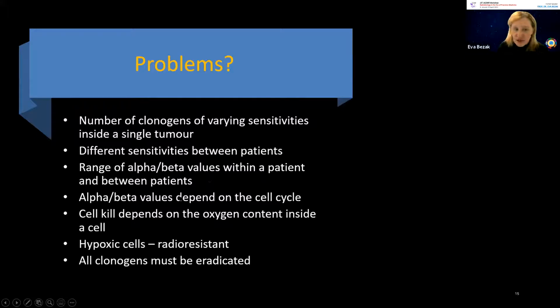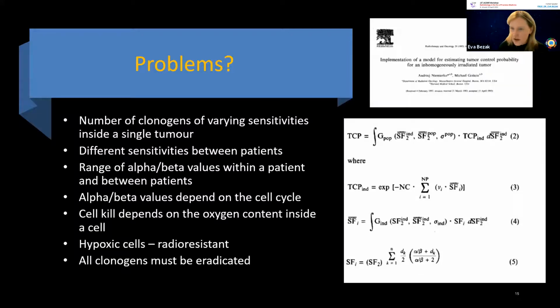Alpha beta values are also dependent on the cell cycle. And cell kill, as we heard in the previous lecture, depends on the oxygen content inside the cells, and hypoxic cells are more radioresistant. Yet we are expecting that all clonogens must be eradicated.